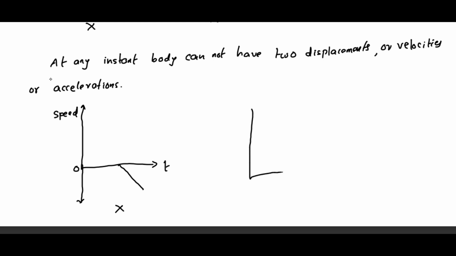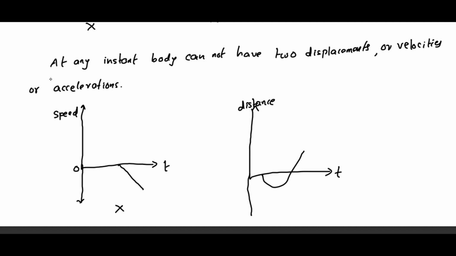Similarly, if I am taking the distance along the y-axis, time along the x-axis, and drawing any graph like this, here it is below the time axis, showing negative distance.